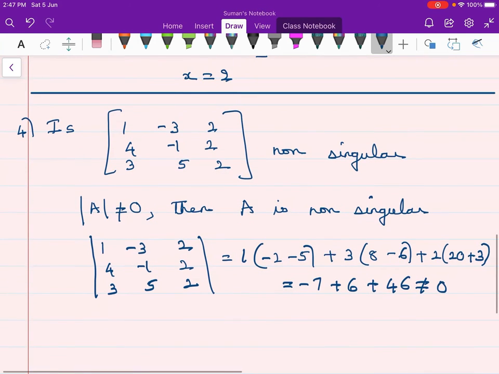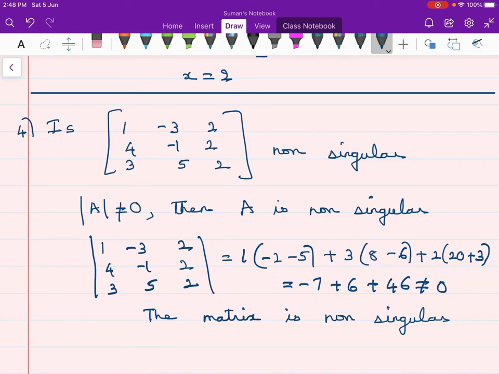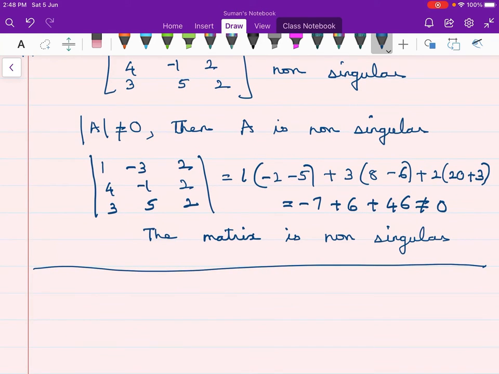Because it is not equal to 0, you can say that the matrix is non-singular. So always remember, if the determinant is not equal to 0, the matrix is non-singular. Okay, moving on to the next question.